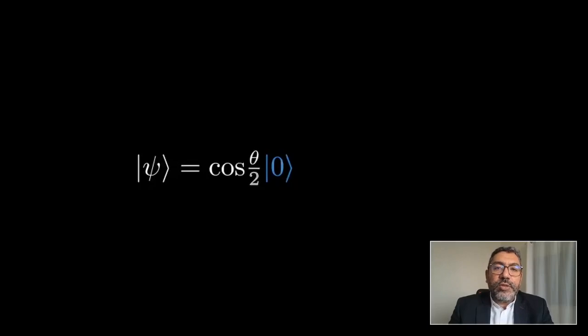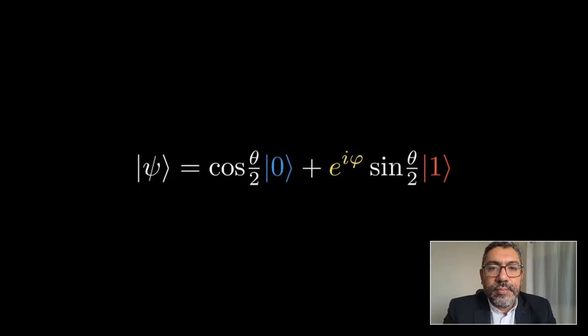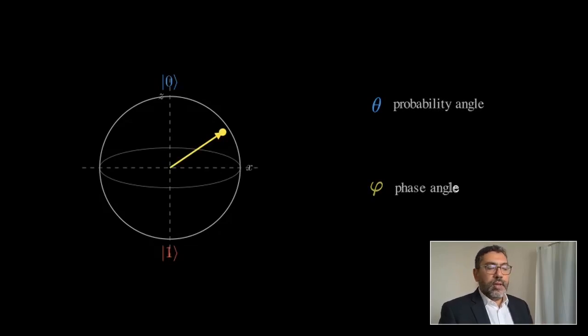Mathematically, we can write one qubit state like this. Theta controls how close we are to 0 or 1. Phi controls the phase direction around the sphere. So yes, the probability rule gives us a sphere-like idea.